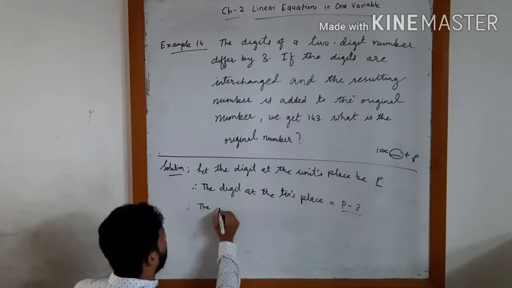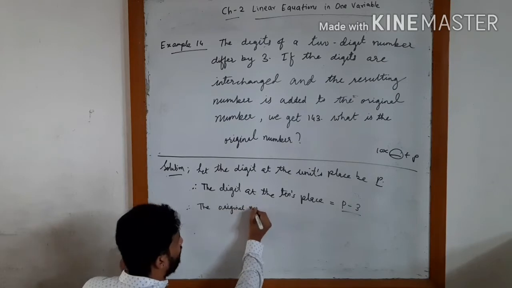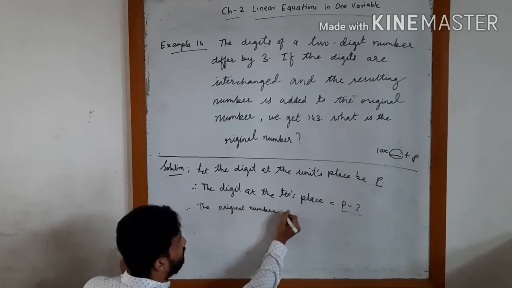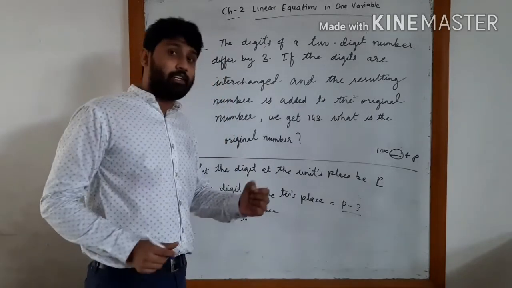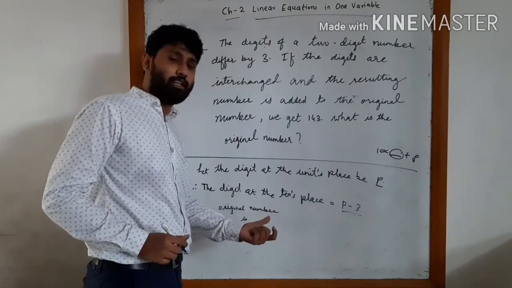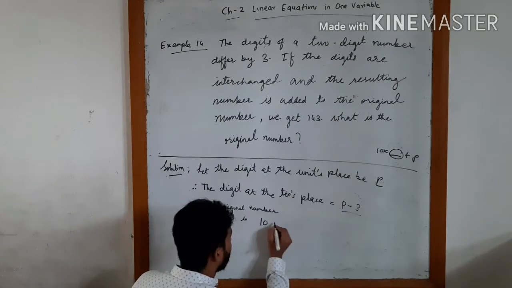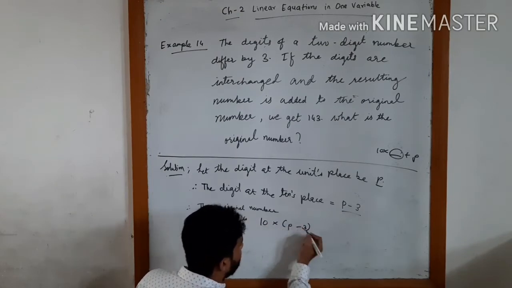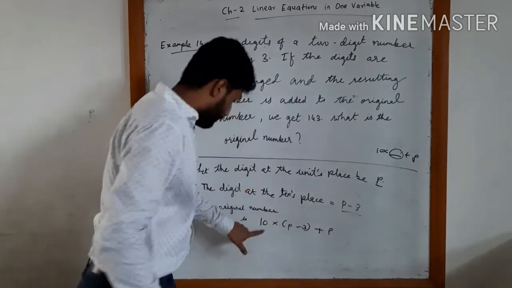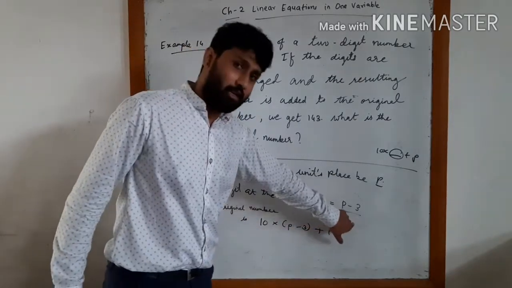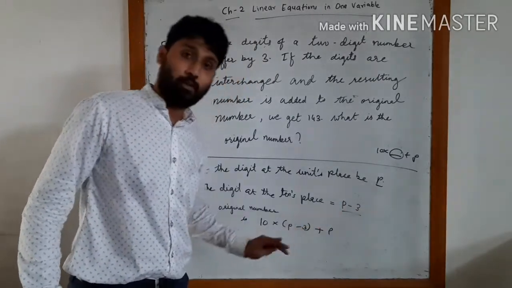Therefore, the original number is, I said, 10 into the digit at tens place plus the digit at units place. So we have 10 into (P minus 3) plus P as our number. See, 10 into the digit at tens place plus the digit at units place. So 10 into (P minus 3) plus P.